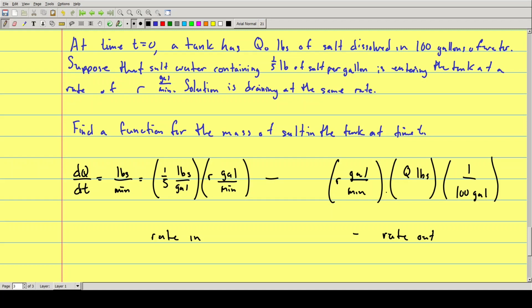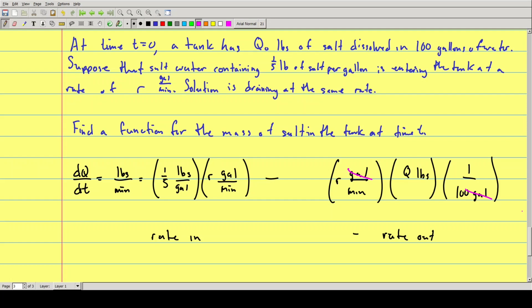Make sense? All right. Somebody's struggling back there. Okay. Anyway, so same deal. The gallons divide out, and we have pounds per minute, which is the units that we should have, right?